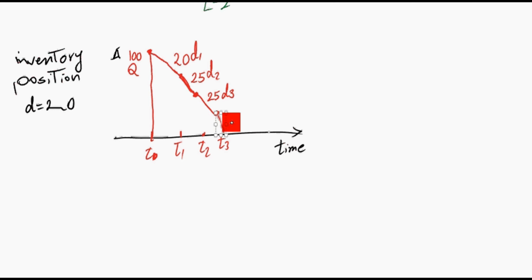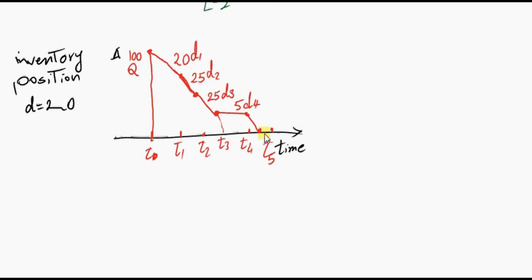And now it is possible that during the fourth period of time the demand may go down, and let's say we only sell 5 units. So this is D4, and then suddenly in the middle of the fifth period the demand goes very fast down, and we reach 0 before T5.